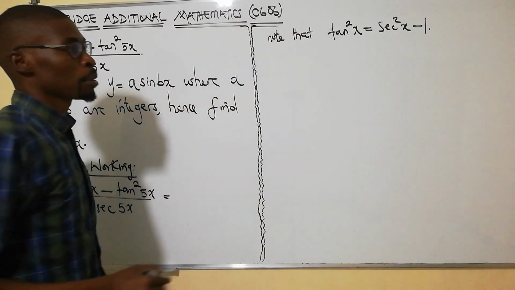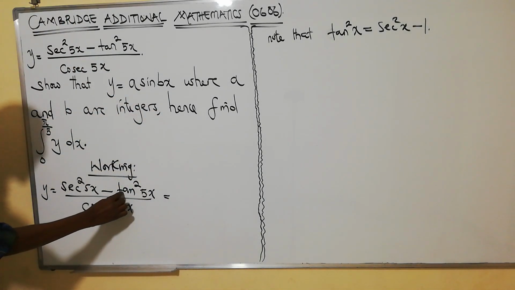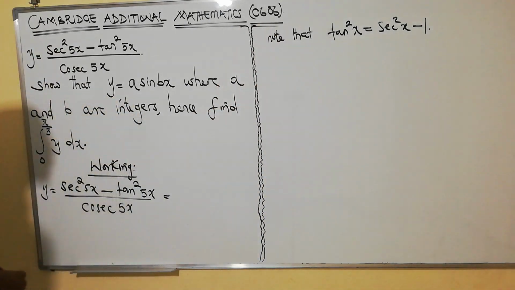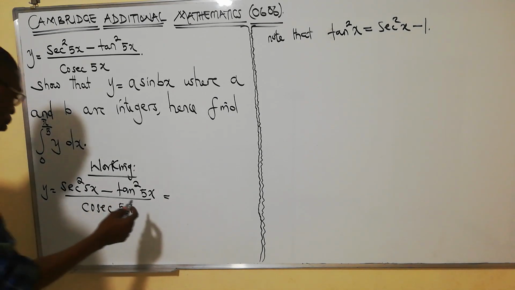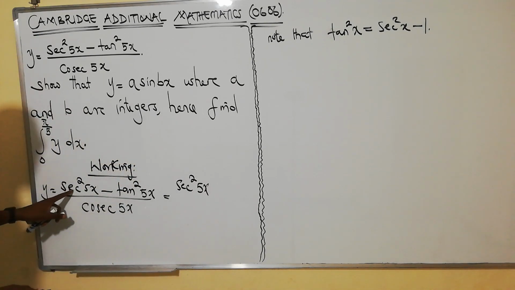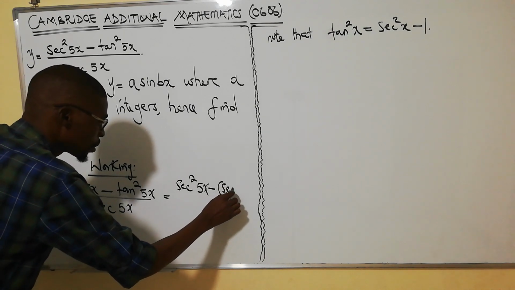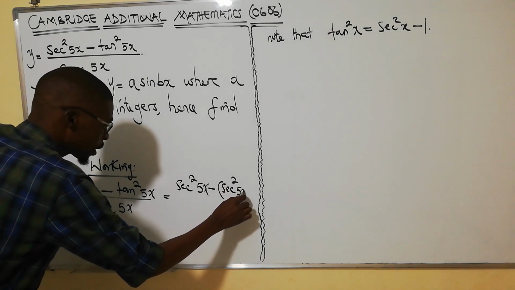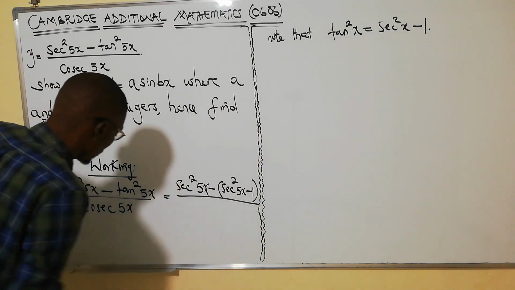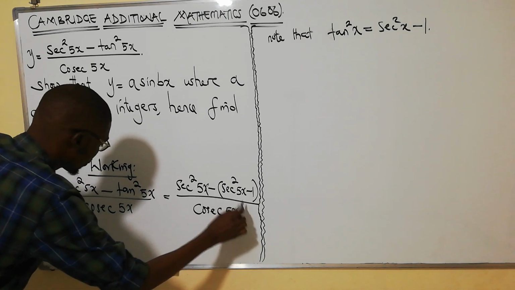This is one of the Pythagorean identities that we know. So where there is tan squared of 5x, we put sec squared of 5x minus 1. This is equal to sec squared of 5x minus, in brackets, sec squared of 5x minus 1, divided by cosec of 5x.